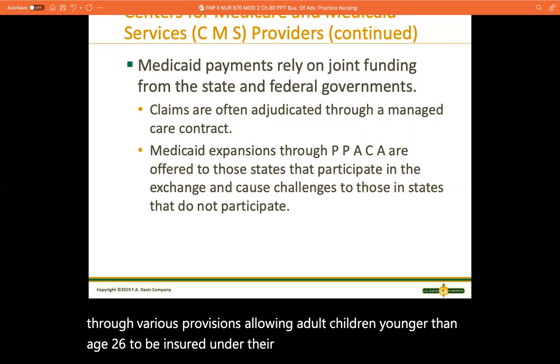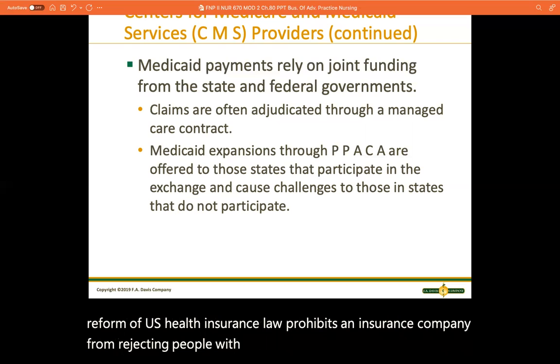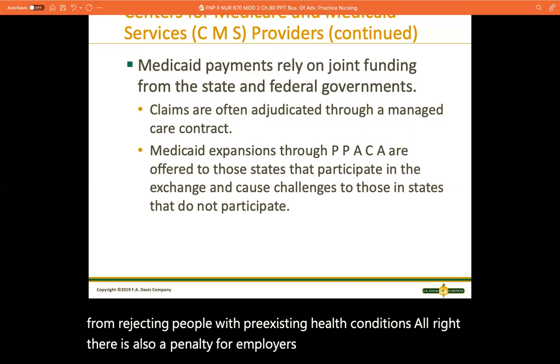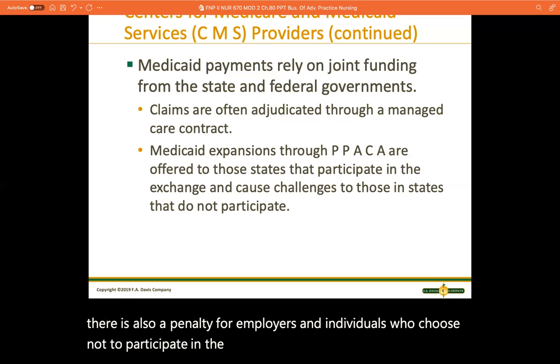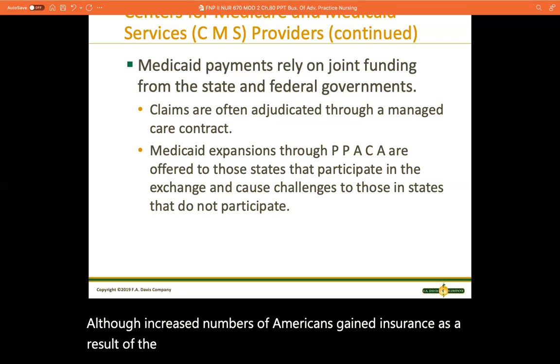This comprehensive reform of US health insurance law prohibits an insurance company from rejecting people with pre-existing health conditions. There is also a penalty for employers and individuals who choose not to participate in the national health plan. Although increased numbers of Americans gained insurance as a result of the law's passage, many millions still lack the coverage. Okay. So that's just something important to know.